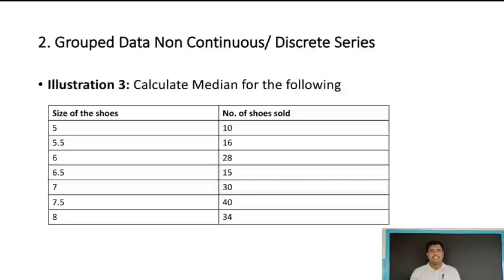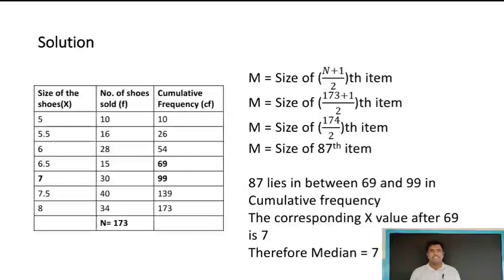In grouped data non-continuous, that is in a discrete series, here x and f will be given. Calculate median for the following. Size of the shoes will be taken as x, and the number of shoes sold will be taken as f, that is frequency. I put it in the x and f columns, and in the third column I am supposed to calculate cumulative frequency. How to cumulate frequencies?